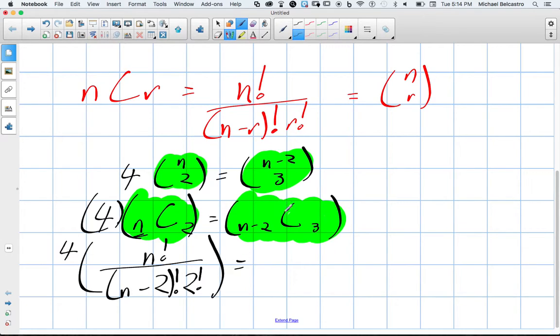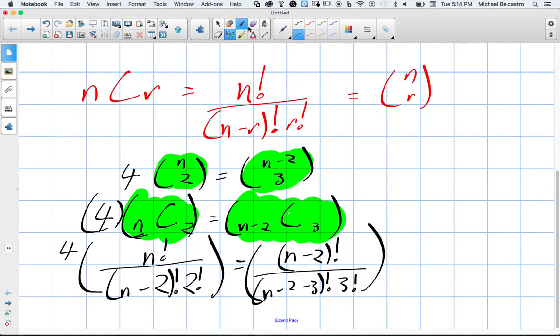And in this case here, we have n minus 2 factorial over our n value, which is n minus 2 minus 3 factorial, and then the r value is 3 factorial. Again, I'll kind of highlight what we did.